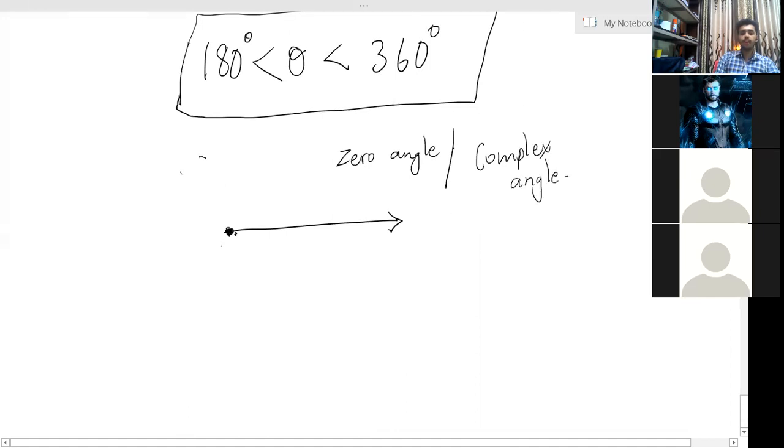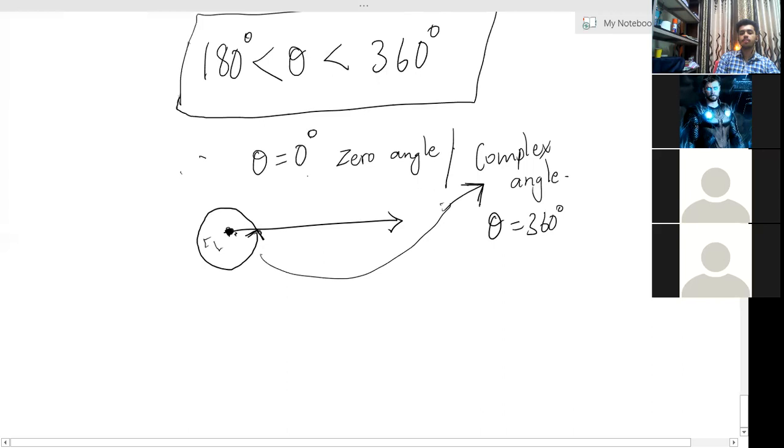Zero angle means if it did not rotate at all, theta is 0 degrees. If it rotated all the way like a circle and came back to its original place, then we call it a complete angle, that is theta is equal to 360 degrees.